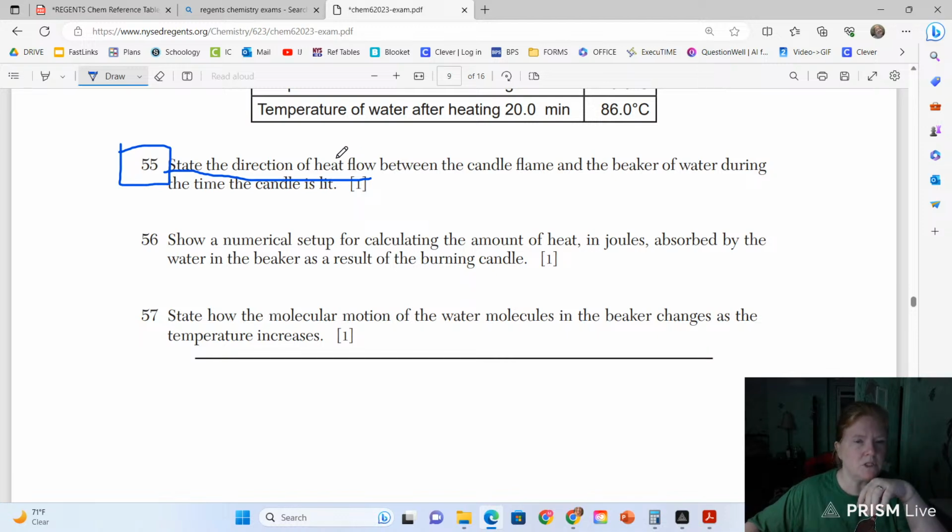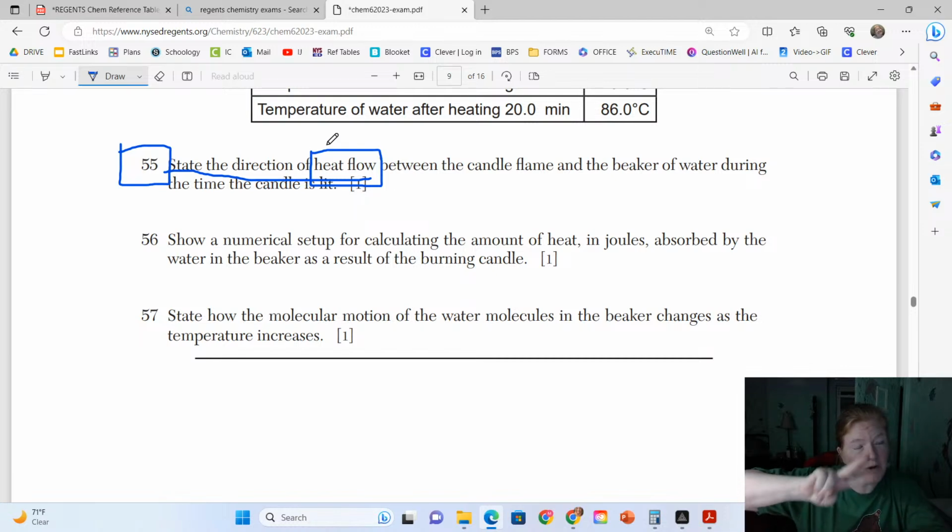No. When we're talking about heat flow and the direction of heat flow, you're going to say it flows between or from which thing to which thing. So they're going to mention 2 items, and you're going to say that the heat flows from which thing to which thing.